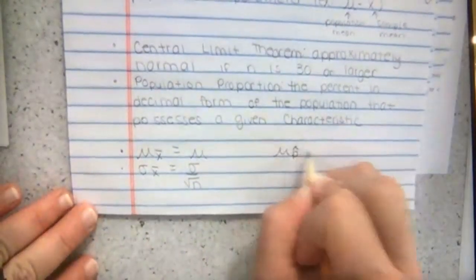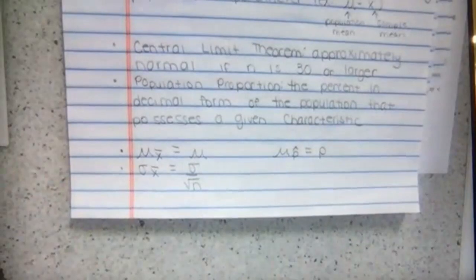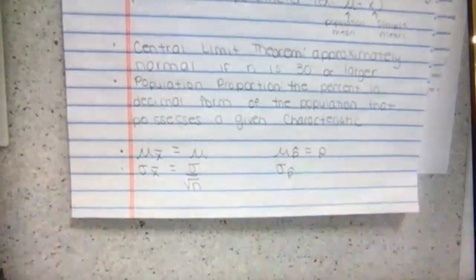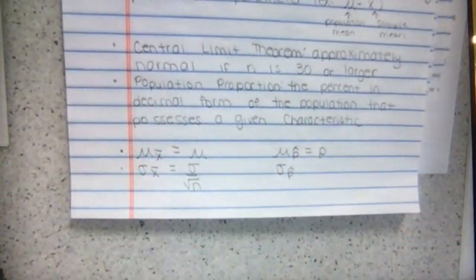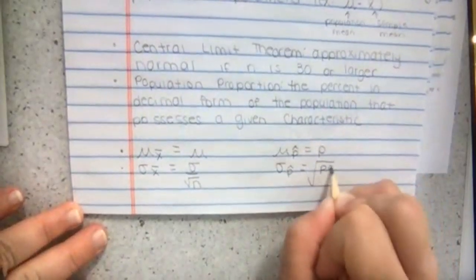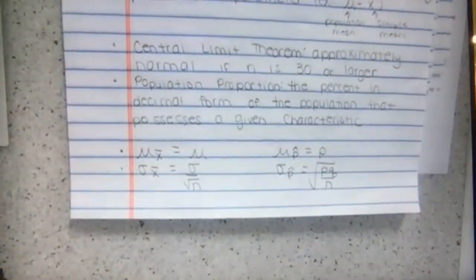Likewise, our mean of p hat, mu sub p hat, is just our population proportion, it's just p. Likewise, our standard deviation of the sampling distribution for p hat is the square root of p times q all over n. All of these are on your formula sheet.